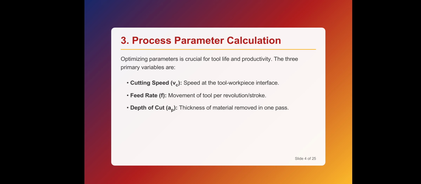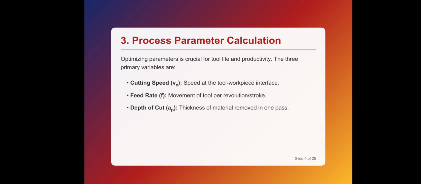The three primary variables are, first, cutting speed, Vc, the speed at the tool-workpiece interface; second, feed rate, small f, the movement of tool per revolution or stroke; and third, depth of cut, ap, the thickness of material removed in one pass.